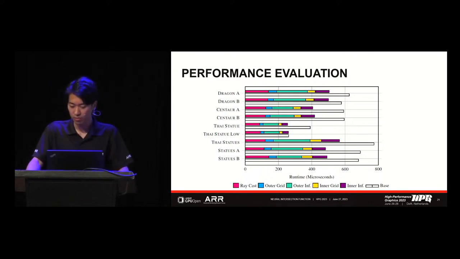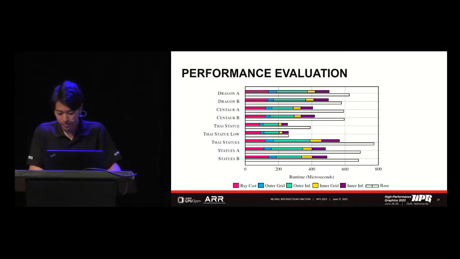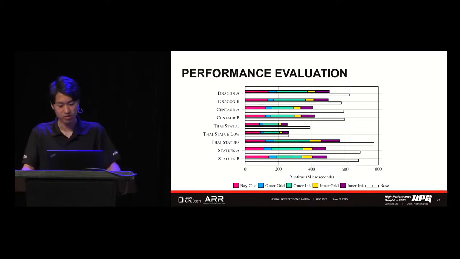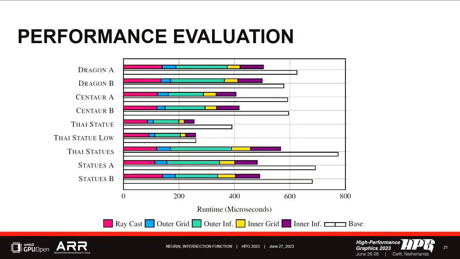The top colored bar shows the NIF performance, and the bottom white bar shows the BVH-based performance. The red bar contains top-level BVH traversal and the input data collection. The blue and the yellow ones indicate the feature vector lookups from the grid encoding. And the green and the purple ones are neural network inference times for the outer network and the inner network, respectively.